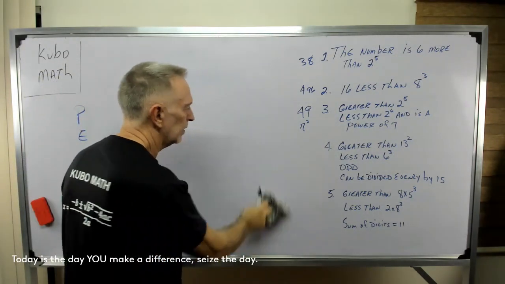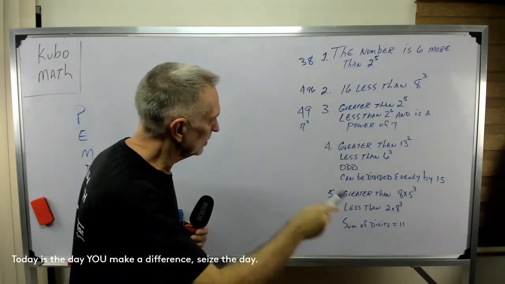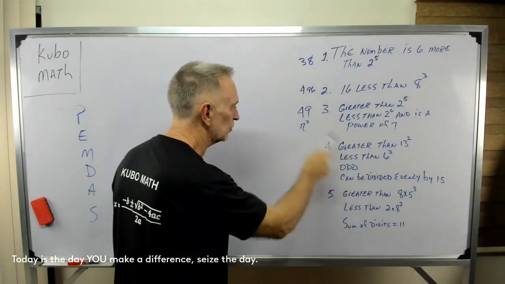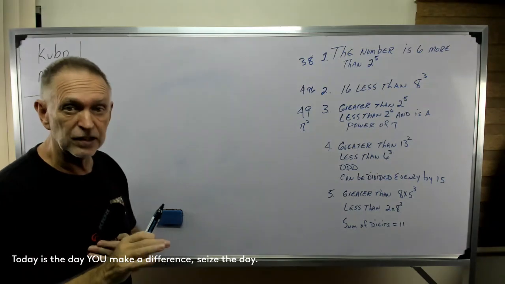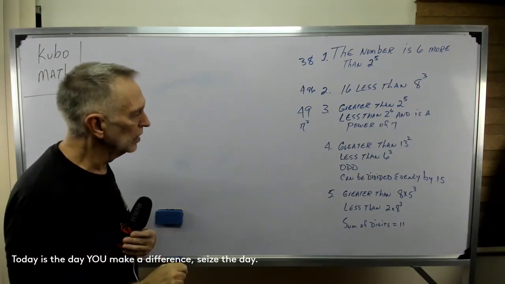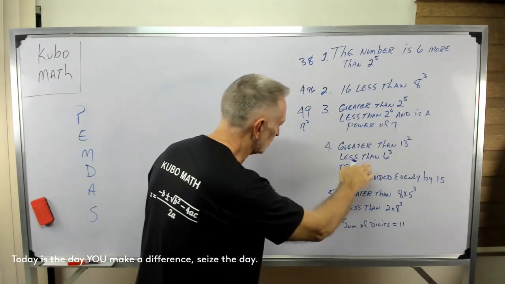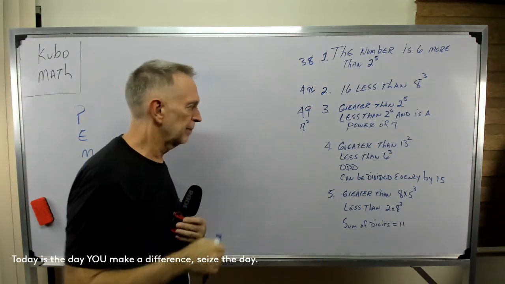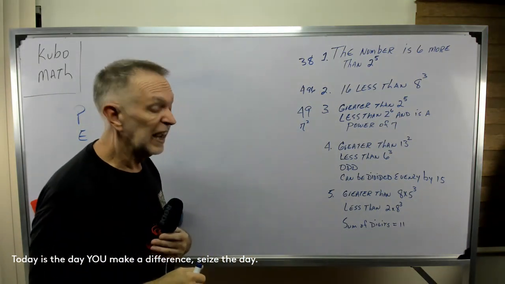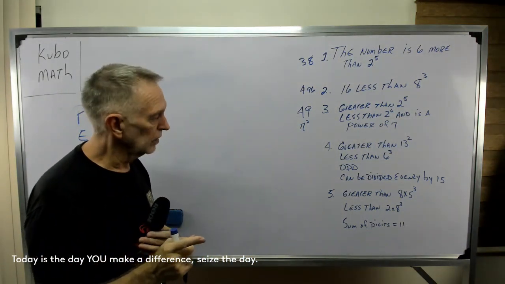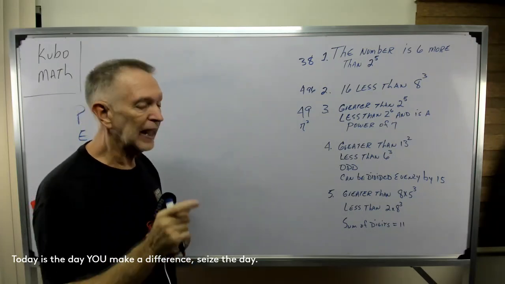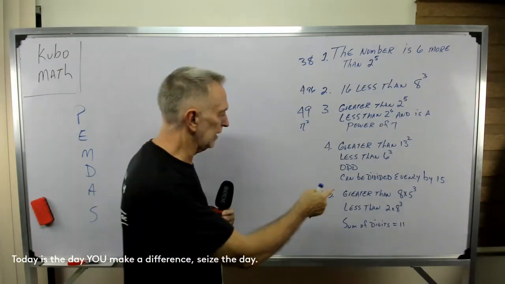All right. Now then, the number that we're looking for is greater than 13 to the 2nd power, but it's less than 6 to the 3rd power. Oh, and it's an odd number, and it can be divided evenly by 15.